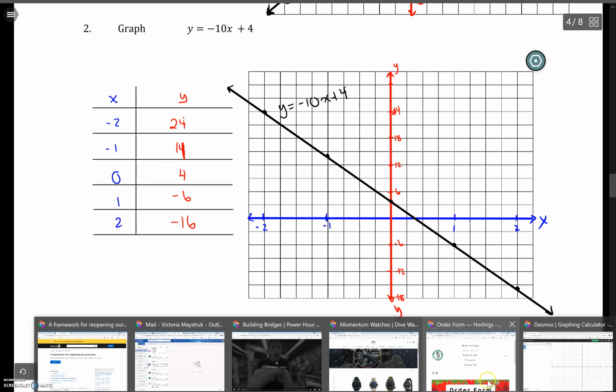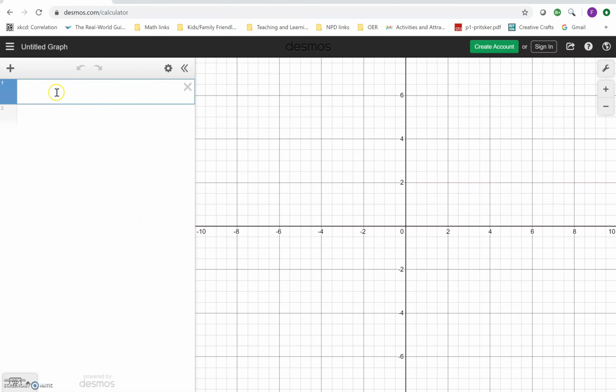As you're doing practice, and if you want to make different questions for yourself, I want to share with you a great piece of free graphing software that's available. It's called Desmos. You can find it at desmos.com/calculator. And if you put in an equation like y equals -10x plus 4, exactly as written, it'll graph it for you.